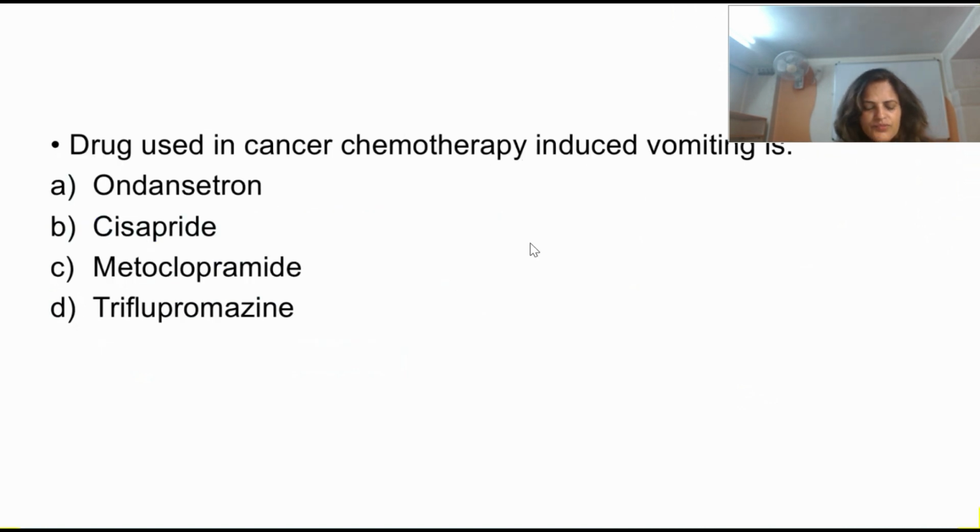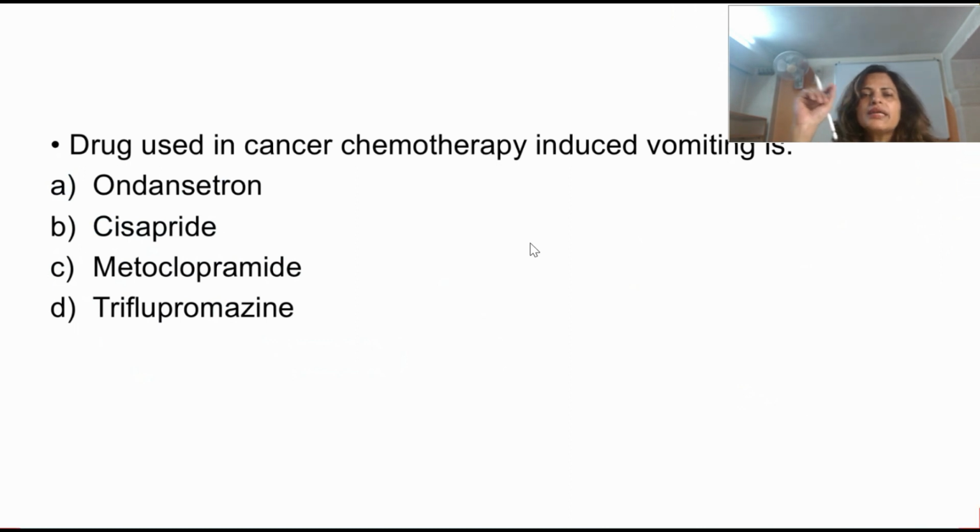Now the next question: the drug used in cancer chemotherapy induced vomiting is ondansetron, cisapride, metoclopramide, or triflupromazine. Ondansetron. With chemotherapy, 5-HT3 is released from the intestine, which is going to stimulate the vagus nerve, and through the vagus it is going to stimulate the vomiting center via the nucleus tractus solitarius, and even this has peripheral stimulation of the vomiting center.